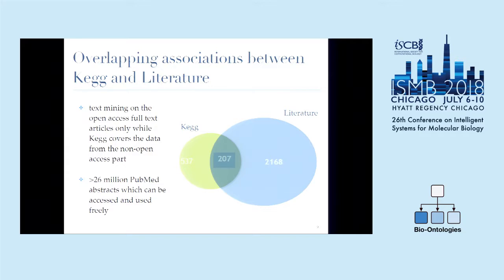This is not a surprising result, because we know that literature can always provide complementary results to the reference resources. And one of the reasons for this discrepancy is that the KEC creators can use non-open access text to create the database. But here in text mining, we are restricted by licensing, and we can use only the open access part of PubMed.